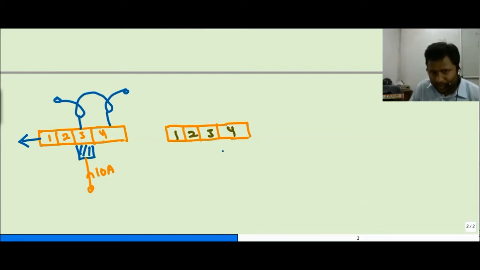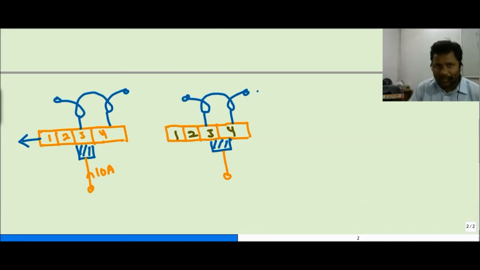After some time, the brush is in this position, and the windings are like this. Similarly, after some time, the coil occupied this position.